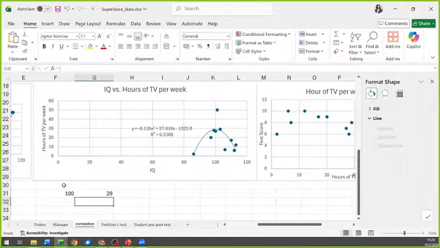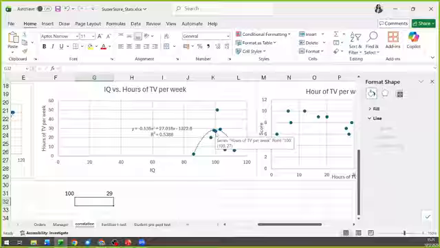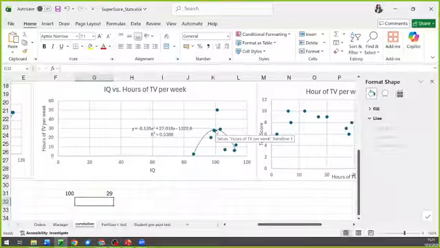Okay, 29. So if my daughter's IQ is 100, she should use about 29 hours of TV per week. So 29 is here, right? It's around here, right? Here, okay?